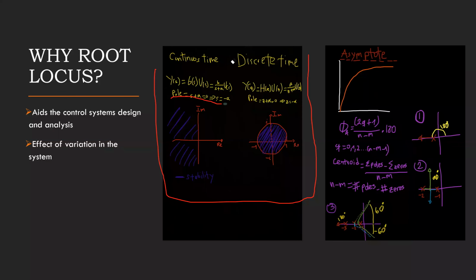For the S plane, the poles must not go to the right-hand side of the plane, just to the left-hand side, to maintain stability. And here on the Z domain, we have the unit circle, and the poles cannot get out of this unit circle if you want to achieve stability on your system.